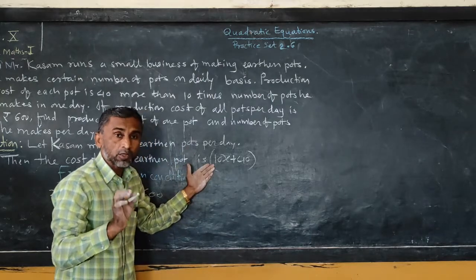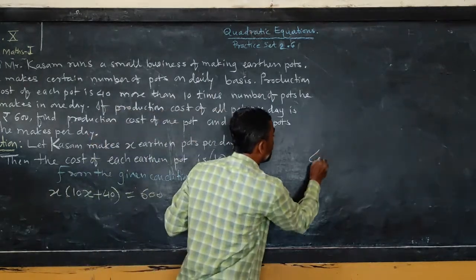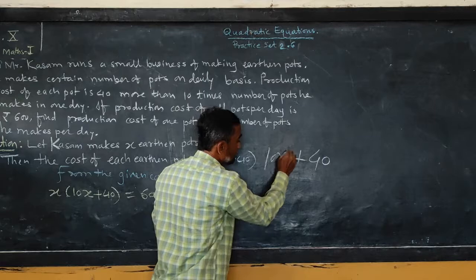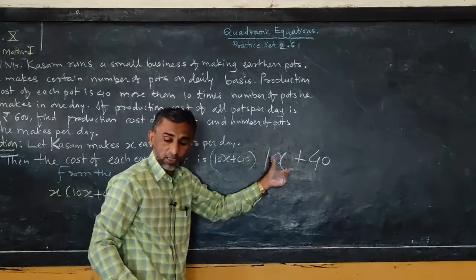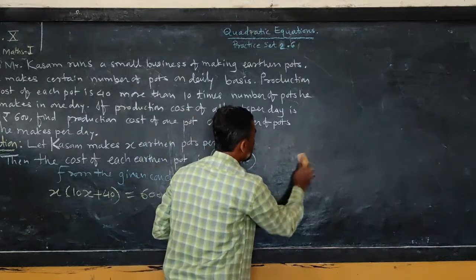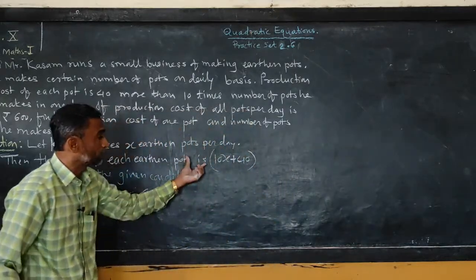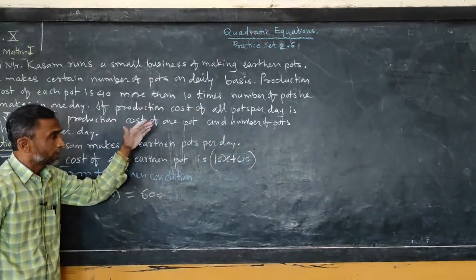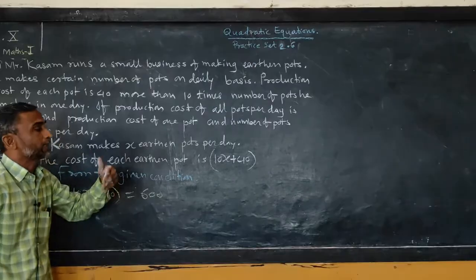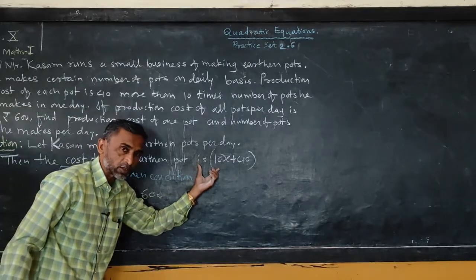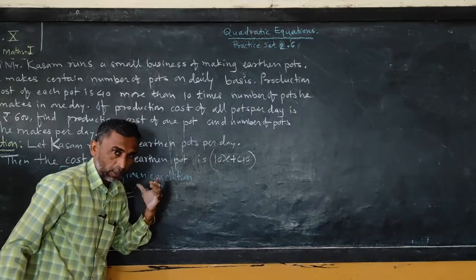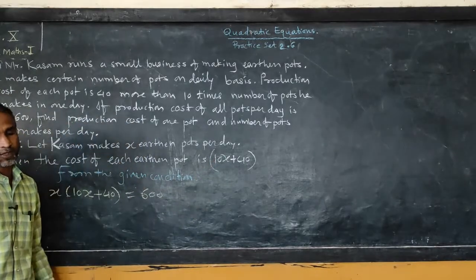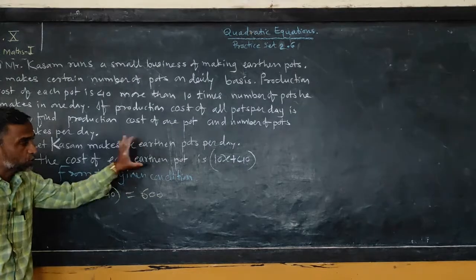Cost of each pot will be 40 more than 10 times the number of pots he makes per day. That means 10x plus 40. This is the price or cost of one pot. He makes x number of pots per day and the cost of each earthen pot is 10x plus 40. Now make the equation with the help of these two.